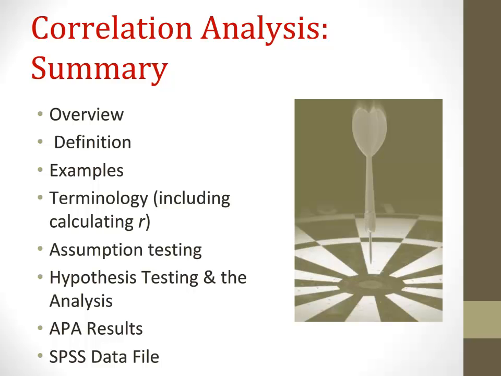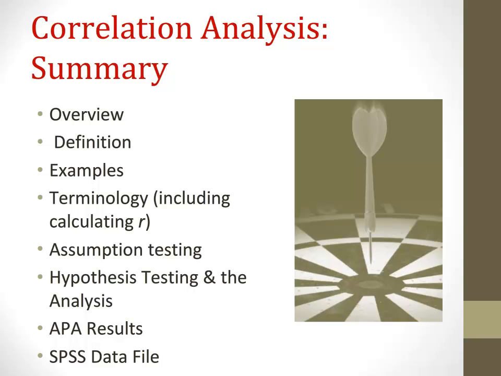You should be able to identify the assumptions that need to be tested in order for Pearson's r to be robust. You should also be able to talk about hypothesis testing and be able to discuss the difference between Pearson's r and hypothesis testing, and how a significance level or a p-value is needed to determine the significance, and Pearson's r is simply the effect size that helps us understand the direction and the strength of the relationship.